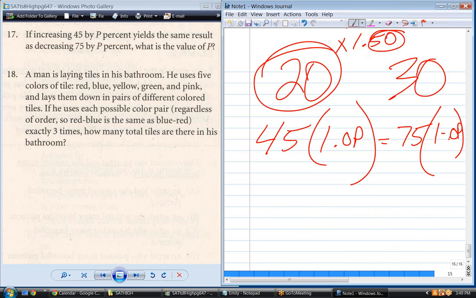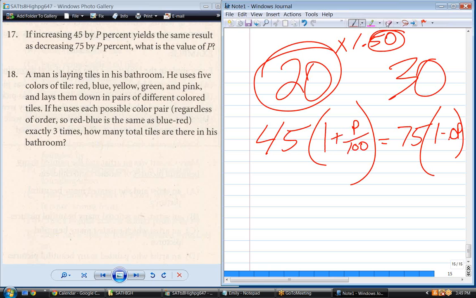If we can just come up with an answer, we can check it. What am I doing wrong here? I'm increasing 45 by p%. So if p were 10, I would increase it by 1.1. So I'm multiplying it by 1 plus p divided by 100.